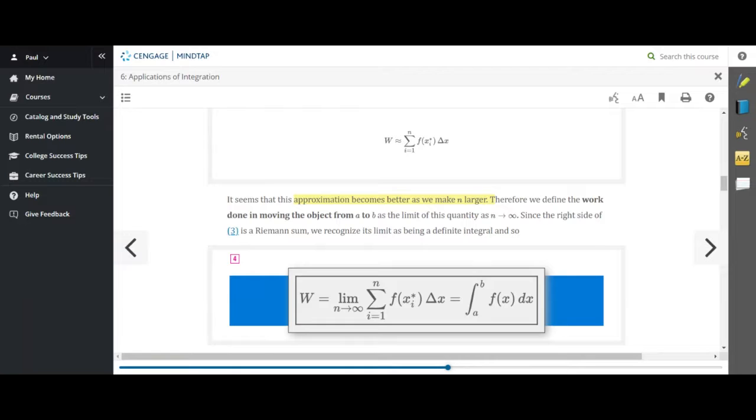Okay, well then let's proceed on here. We want to keep moving through the book here.